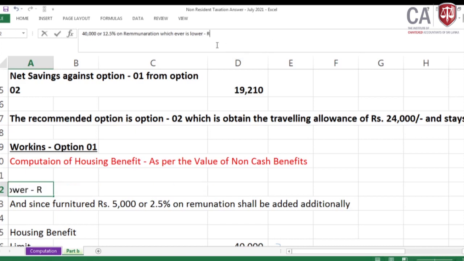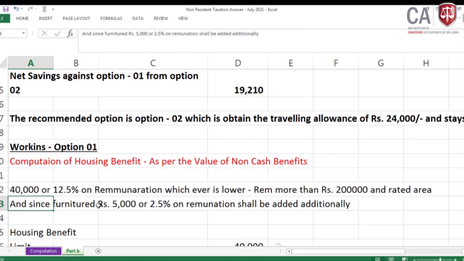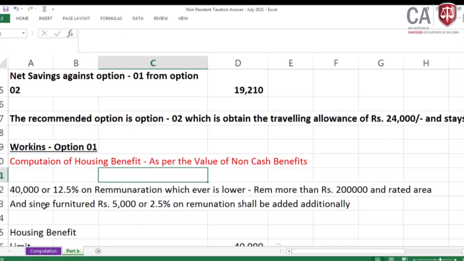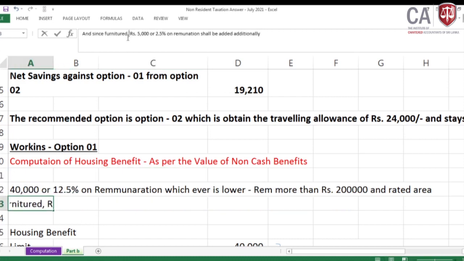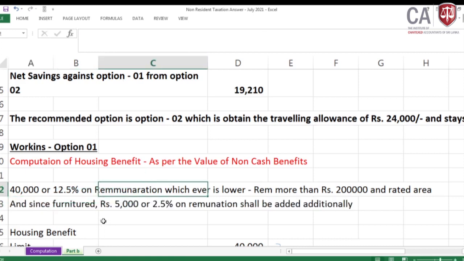Because the remuneration is more than rupees 200,000 and it is a rated area. More clear now, rated area. Then, since there is furniture, we need to look at rupees 5,000 or 2.5% of remuneration, which shall be added additionally.